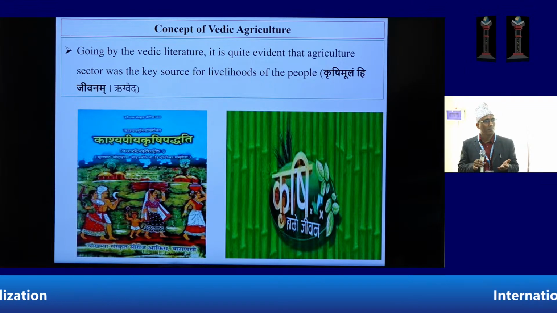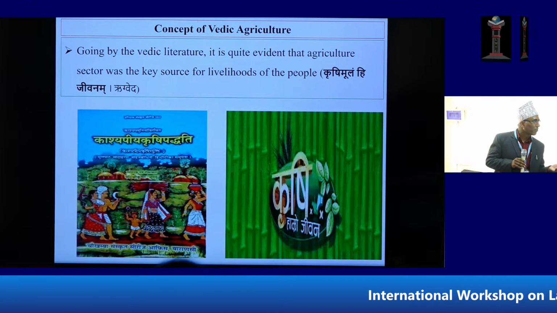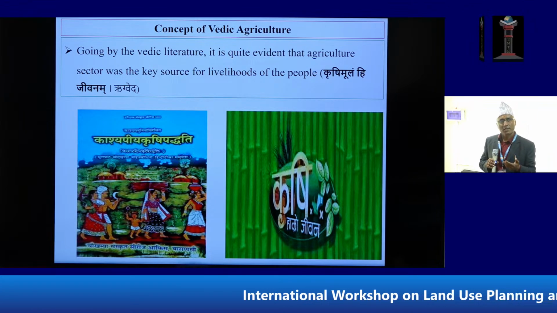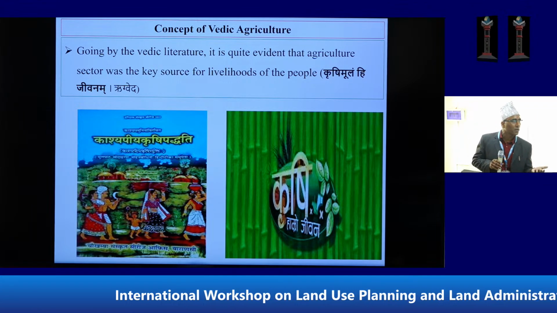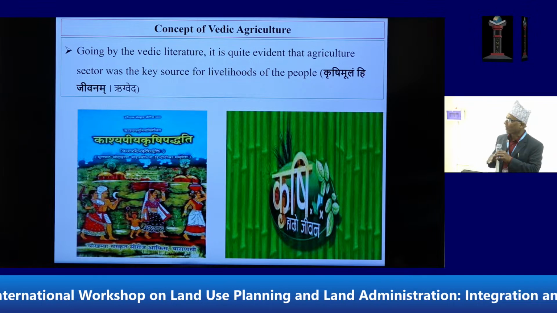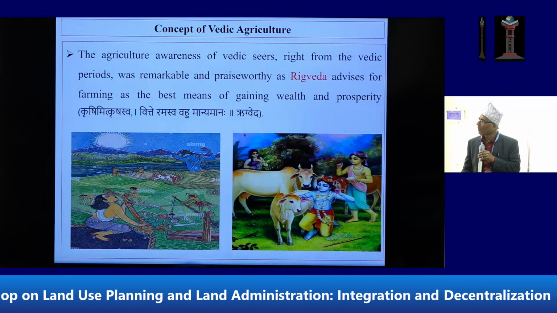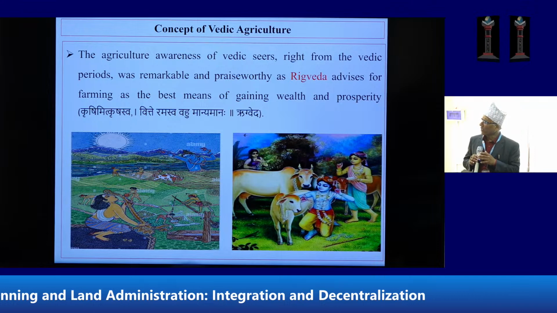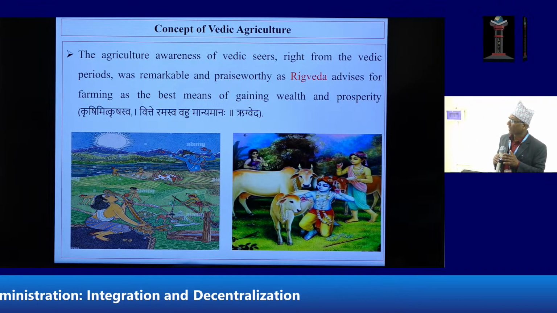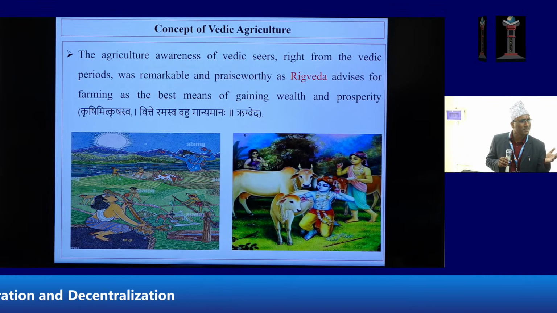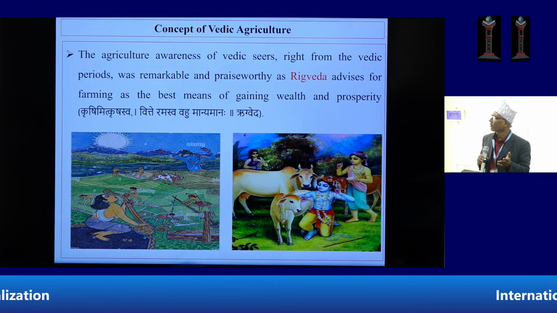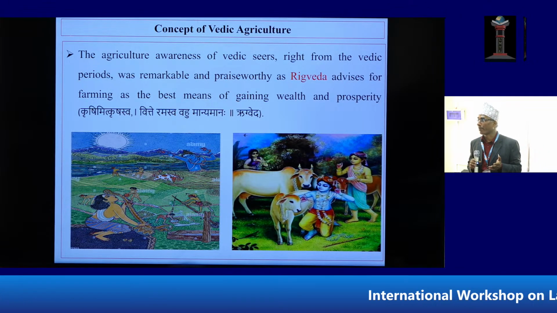Even now, agriculture plays an important role. It provides the highest share of the national GDP. Next is the agricultural awareness of the Vedic seers, the Rishi Munis, which from the Vedic period was remarkable and praiseworthy.